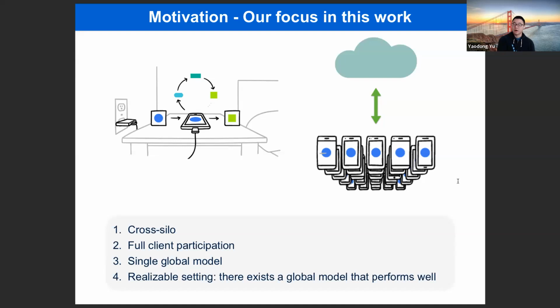After fitting on all the data points from all the clients, it could generalize well for everyone. That's the whole setup for this work. Before moving to the next slide, any questions or clarifications on the setup?